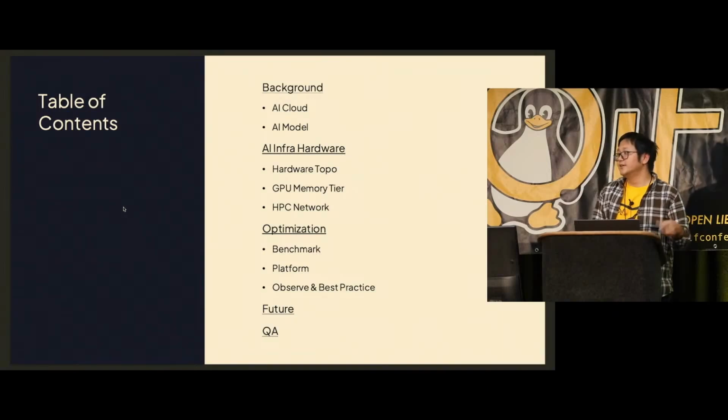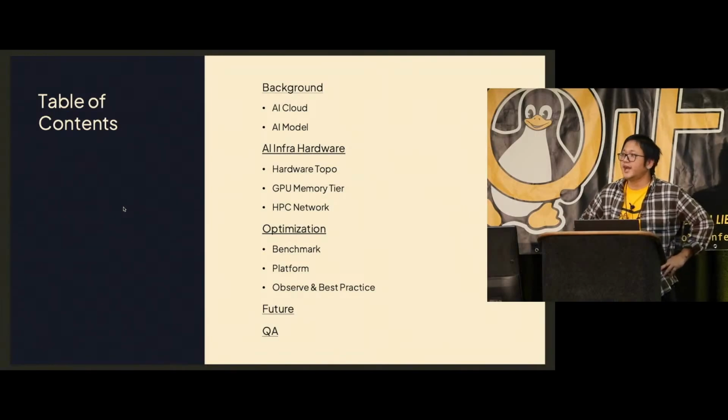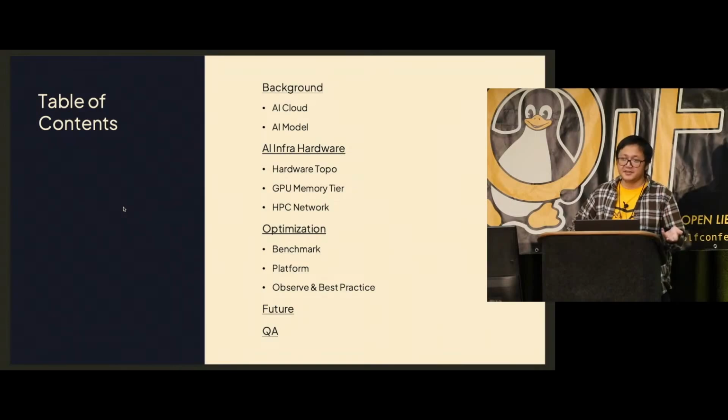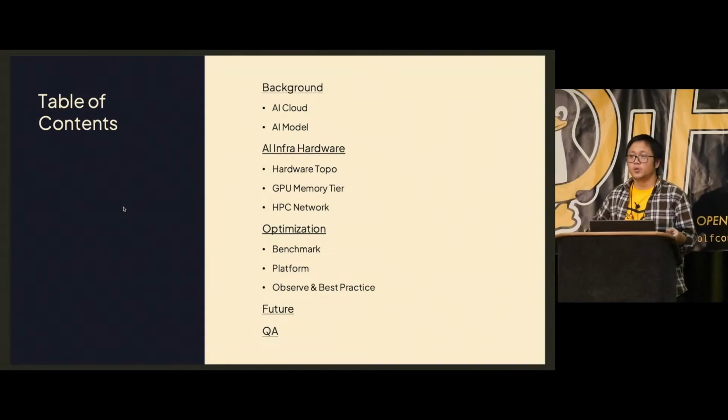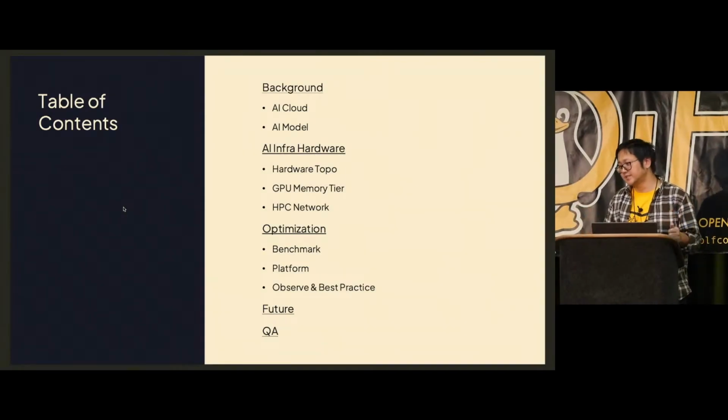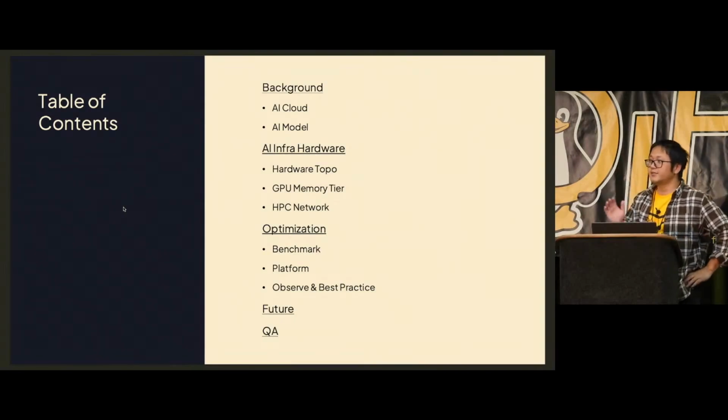So first I'll introduce a little bit about what AI infrastructure is, what it looks like, and why we need it. And then stepping further, we'll see what makes AI infrastructure special, and when we want to optimize it, what we should focus on. The last part is from the machine learning perspective, mostly system machine learning.